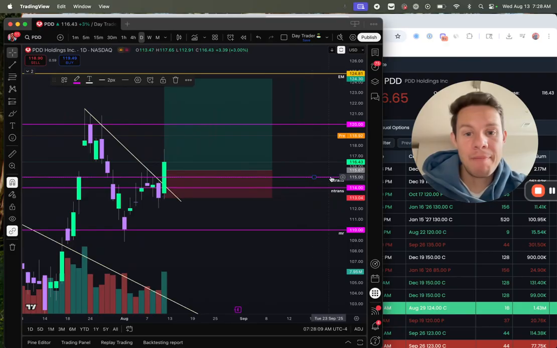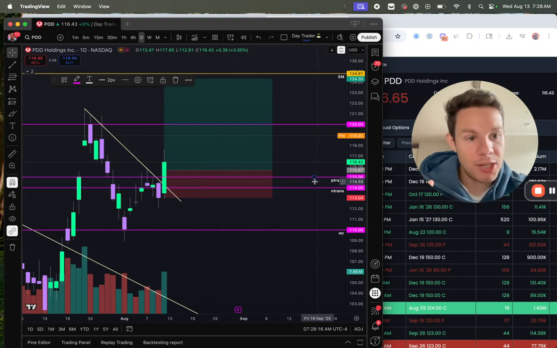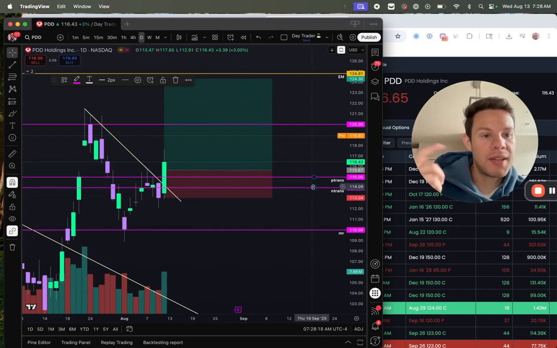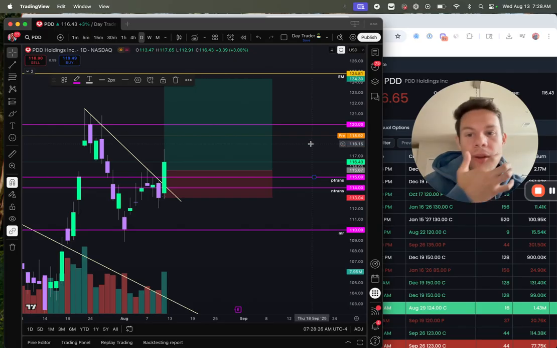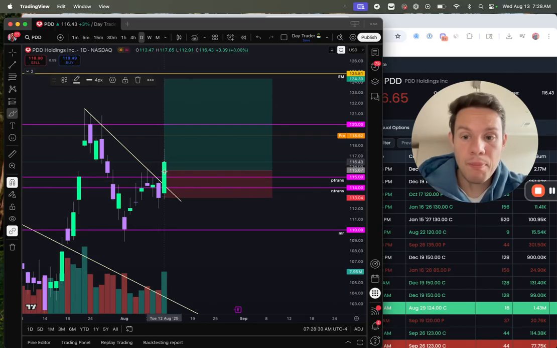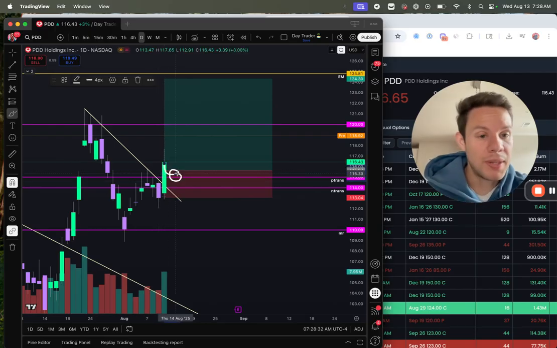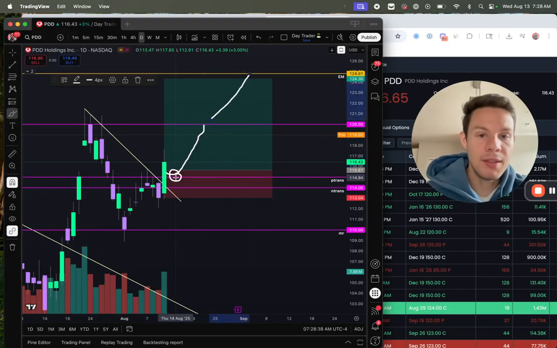Because of that, yesterday PDD showed us good volume strength, but it was also above the P trans level. That's when I notified the team, let's get into calls, because this can start going to the next level, which is 120, and then potentially even 124. You can see that price stood above P trans. We liked it, we swung it, and we're going to try to hit our target here and then our target here. Really simple.